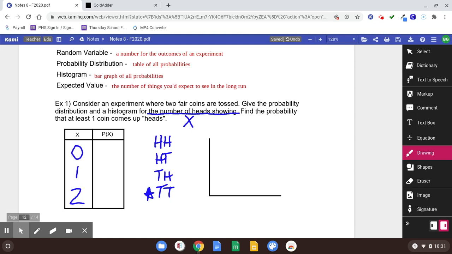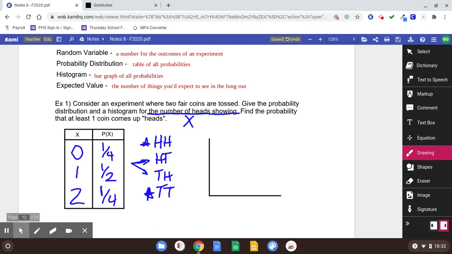The probability of 0 heads, or in other words, the probability of both of them are tails, that's 1/4. 1 out of 4 outcomes. Probability of 1 heads showing up, well, that's these 2 right here. Either the first one's heads or the second one's heads. And there are 2 out of the 4 outcomes, so you can say 2/4, or you can reduce that to 1/2. And 2 heads is right here, heads and heads. That's 1 out of the 4 outcomes, so the probability of that is 1/4.